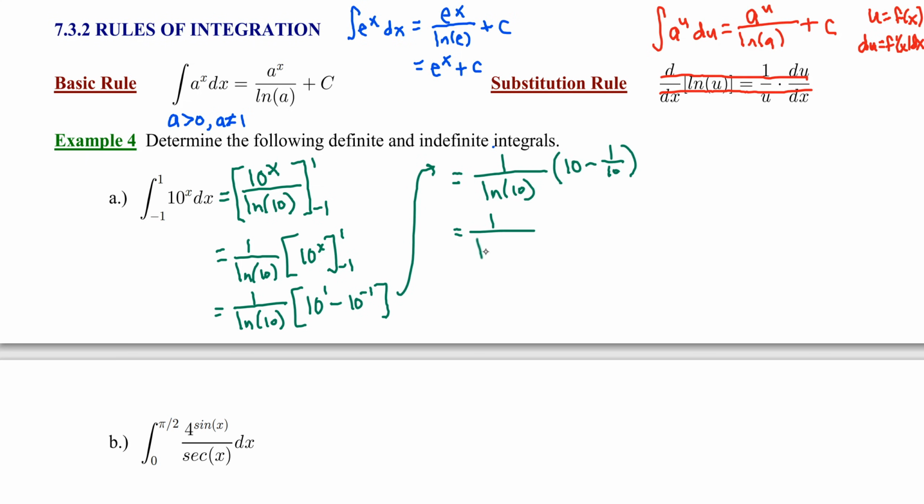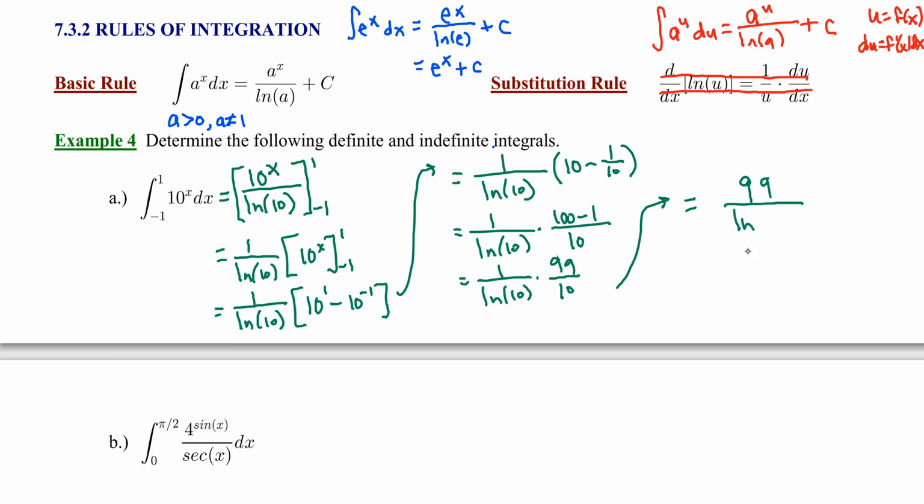If we get a common denominator of 10, this is going to give us 100 minus 1 over 10, or 99 over 10. Probably the best way to write this in the most readable fashion would be 99 over 10 natural log of 10.